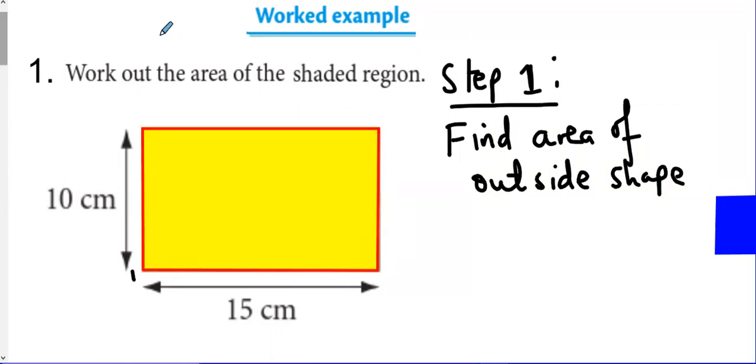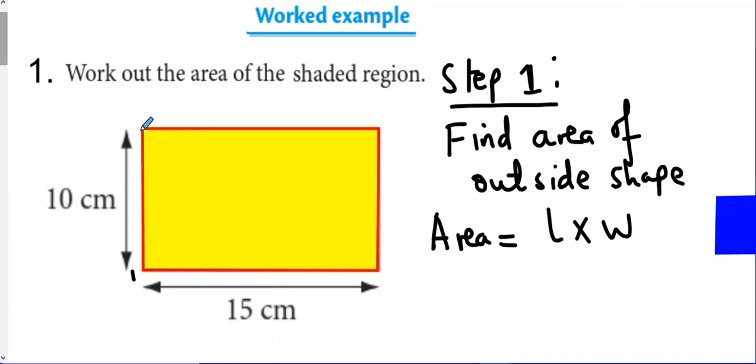Now, the area of this outside shape is length times width. Why length times width? Because that shape is a rectangle.